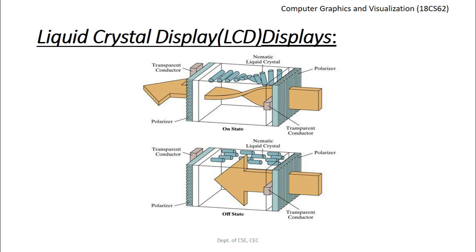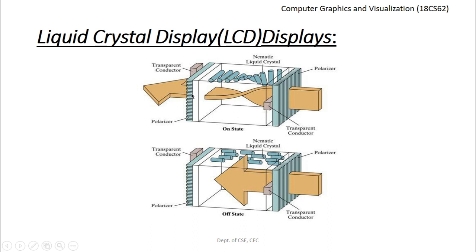The liquid crystal refers to the fact that these compounds have a crystalline arrangement of molecules, yet also flow like a fluid. It consists of two glass plates, each with its own light polarizer at right angles to each other, sandwiching the liquid crystal material between the plates. As you can see, this is vertical and this is horizontal.